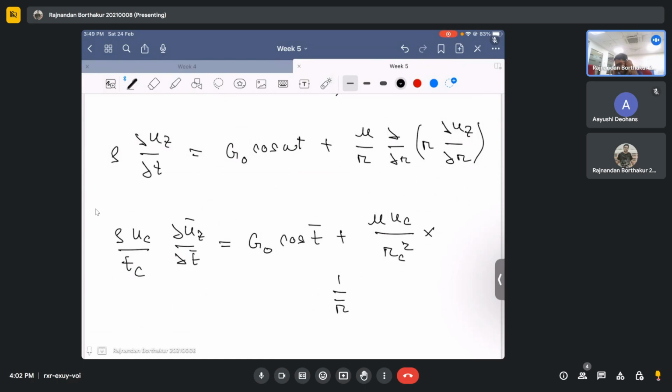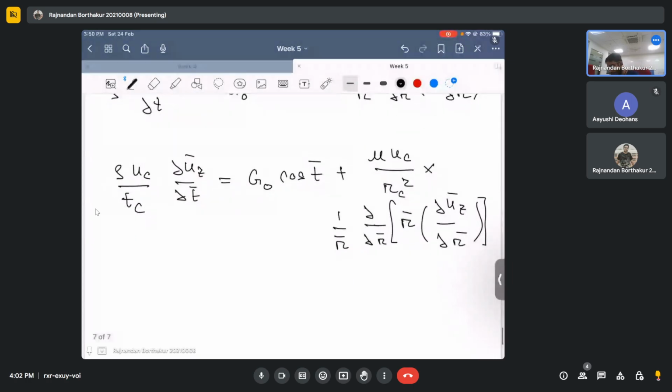Did we do this correctly? Yeah, I think we did. So 1 by r and 1 by r would go. So it is 1 by r bar del r bar of r bar times del uj bar by del r bar. Please check the algebra and let me know if I make any mistake.